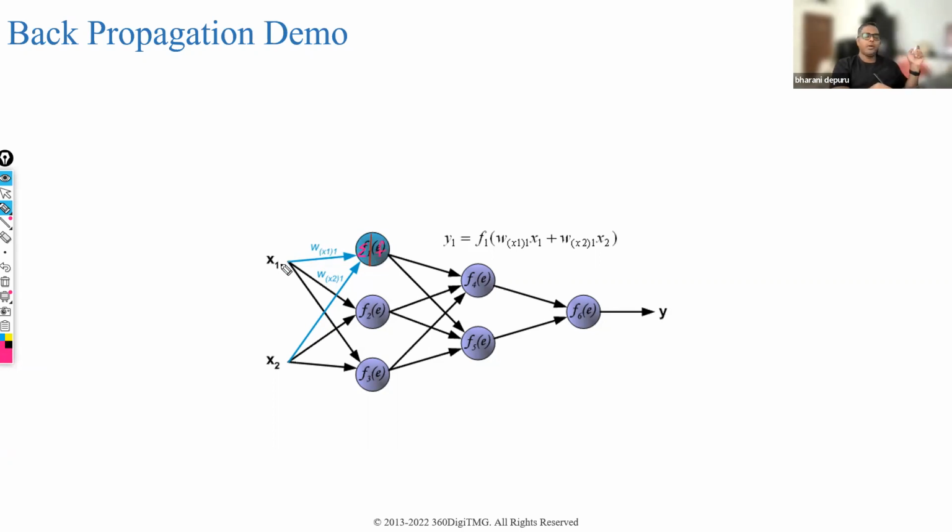W1 into X1 plus W2 into X2 would give you the integration component. Then you pass that to the activation component. Say you're using ReLU, then you get an output, Y1.